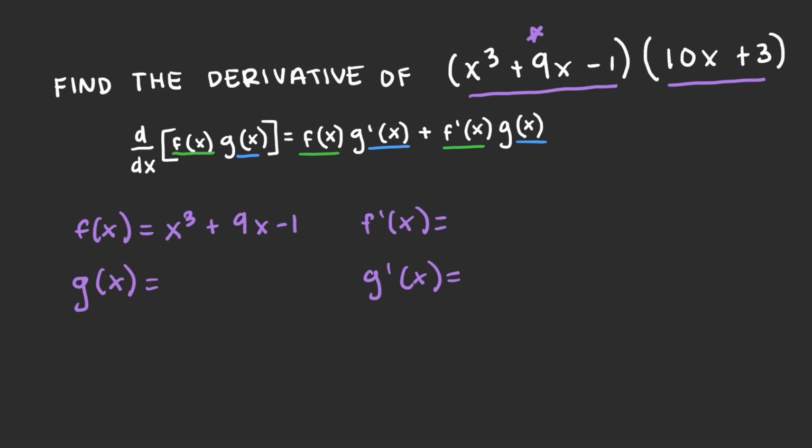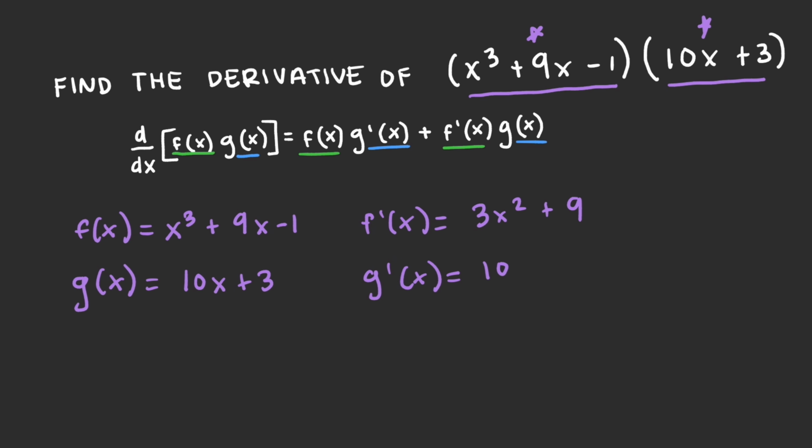G of x, our second function, is right here, 10x plus 3. And then we need the derivative of both of those, so the derivative of f of x would be 3x squared plus 9, and the derivative of g of x would just be 10.